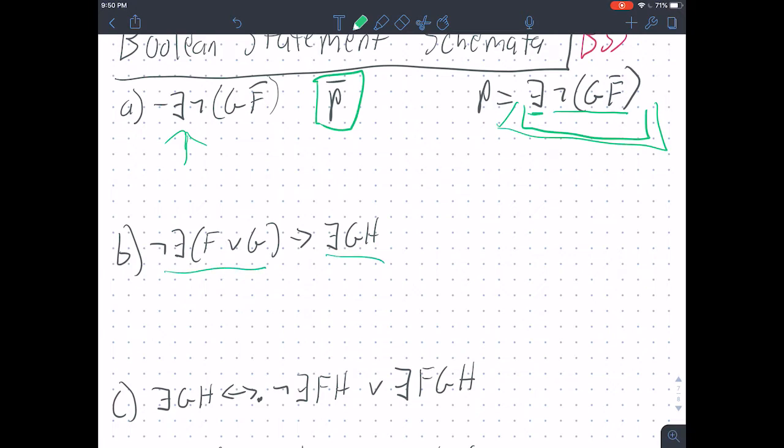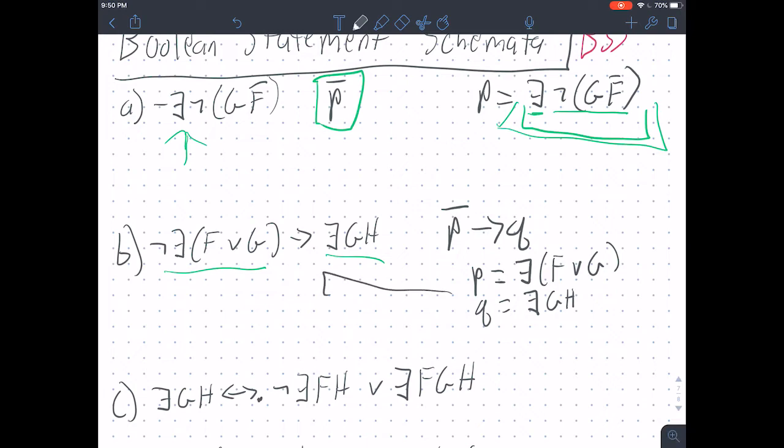So if we had the truth functional schema not P therefore Q, and we replace P with this Boolean existence schema and Q with this Boolean existence schema, right, we would get this.